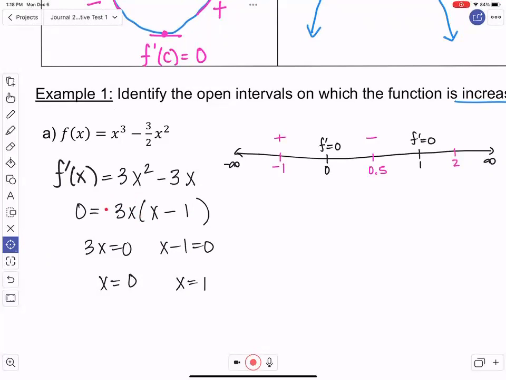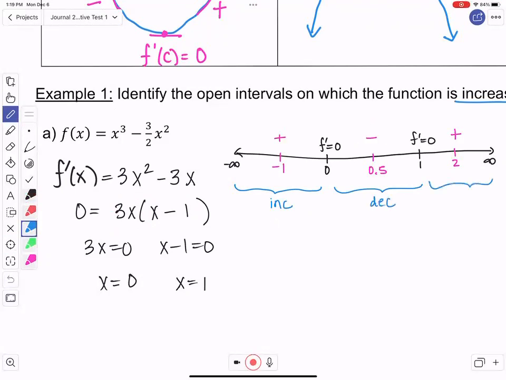So that's positive. And then 2 minus 1 is a 1, which is positive. So positive times positive gives me a positive slope. Okay, so once I have this, the hard part's over. I know between negative infinity to 0, this is increasing. I know between 0 and 1, this is decreasing.